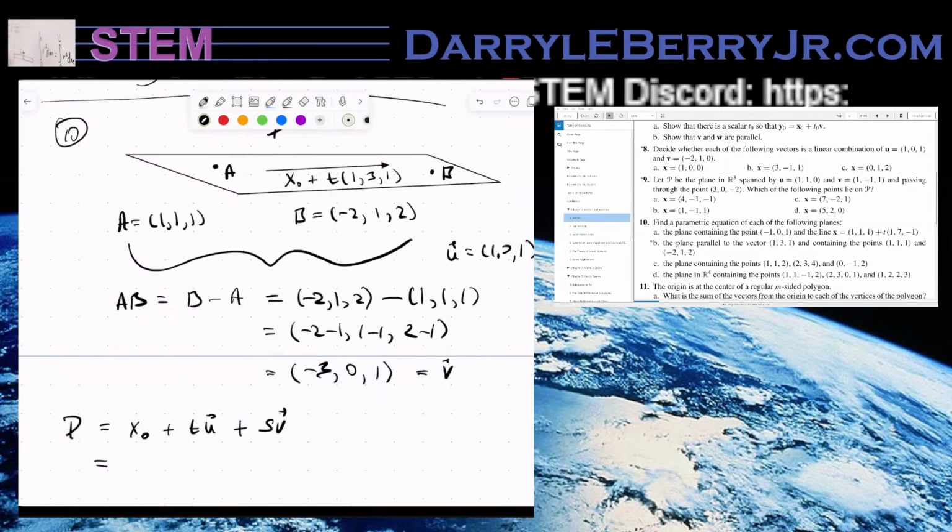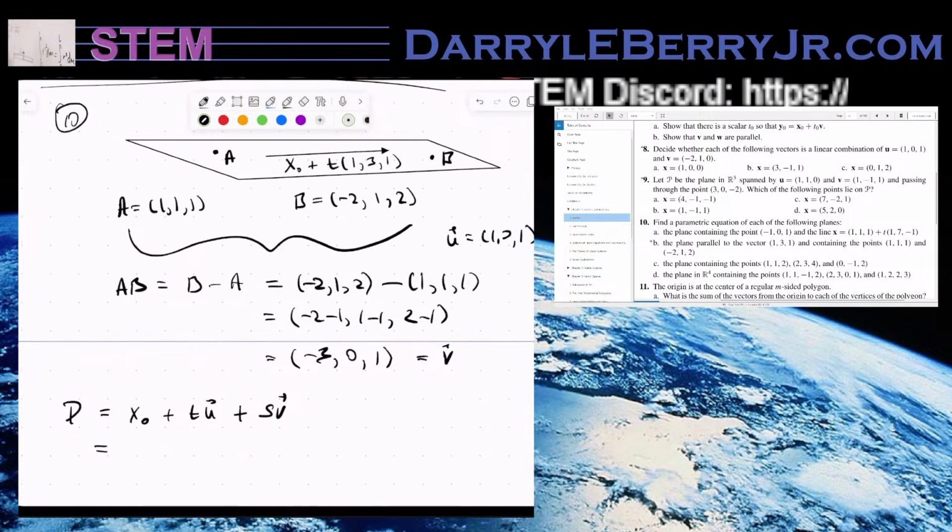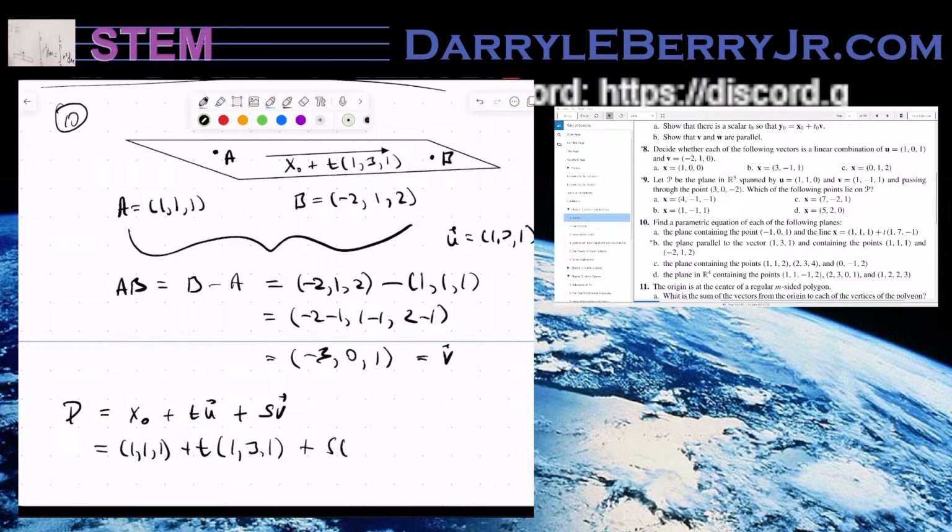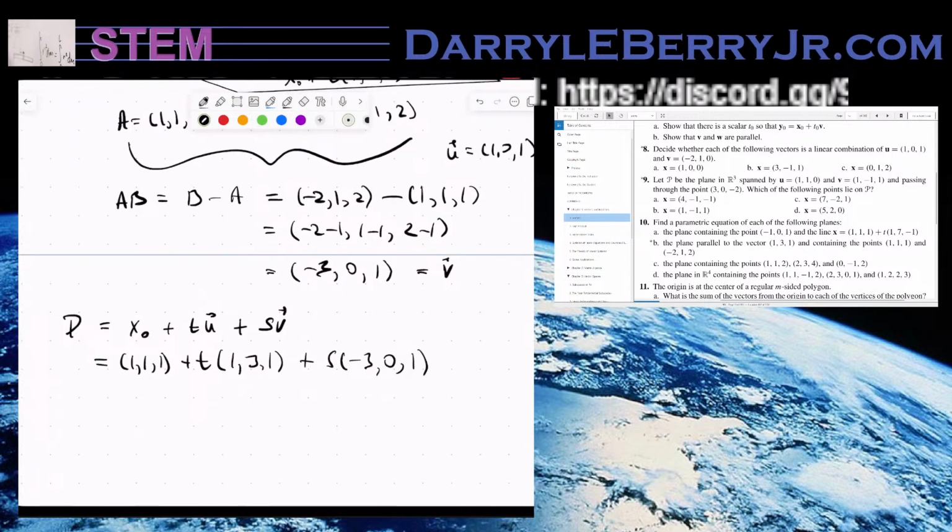Matter of fact, we could even use one of these points as X0 because we know they're on the plane. So I can say 1, 1, 1, so that's on the plane, plus T, and U was 1, 3, 1, plus S, negative 3, 0, 1, right?